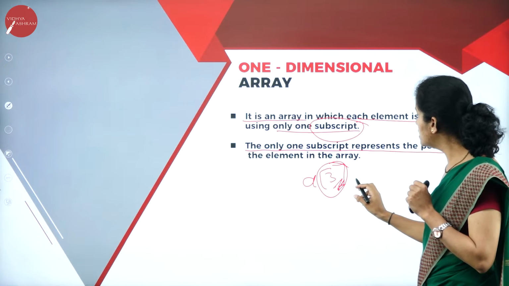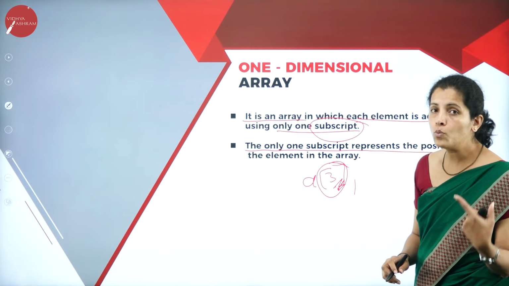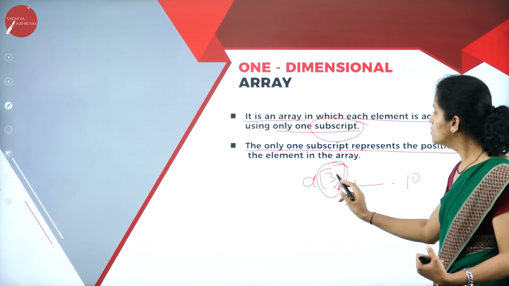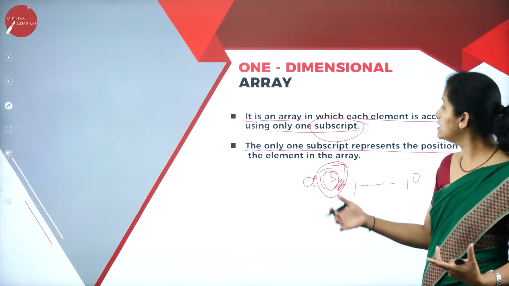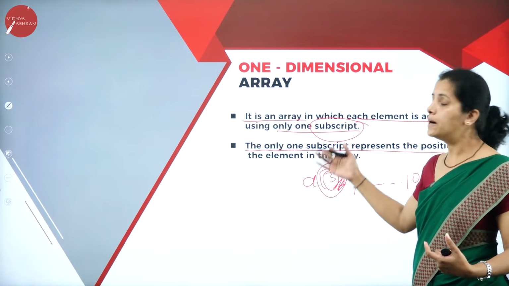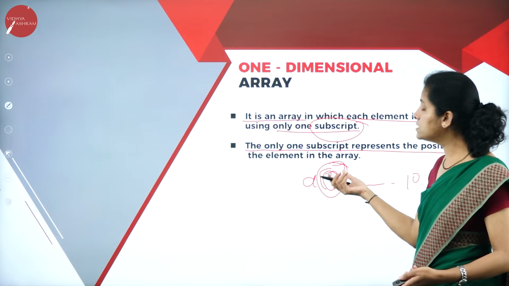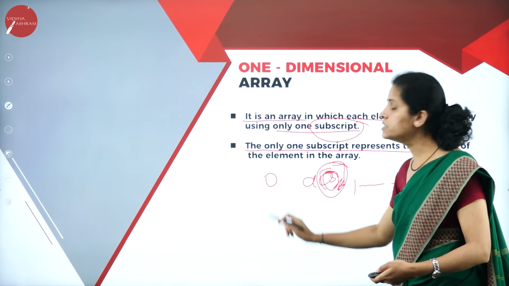In general, we speak of numbers starting from 1 to 10. So here index is 3, but in our natural language it is the fourth position. But if I consider computer terminology, then the position is 3. So here array index starts from 0.